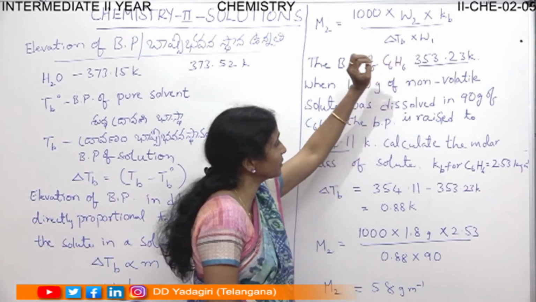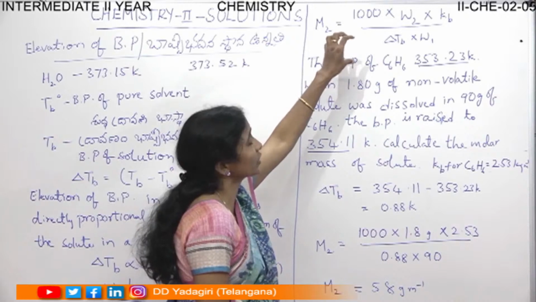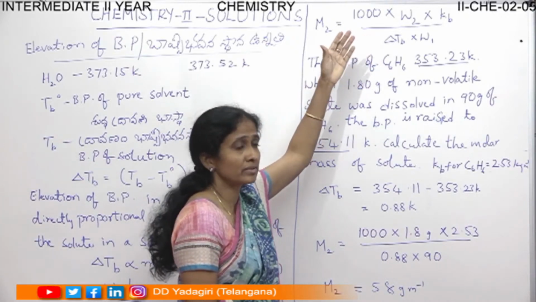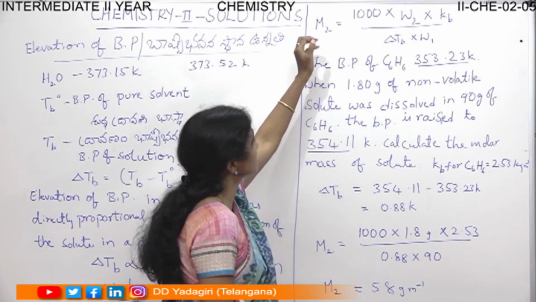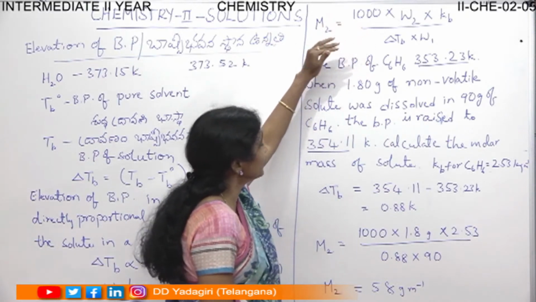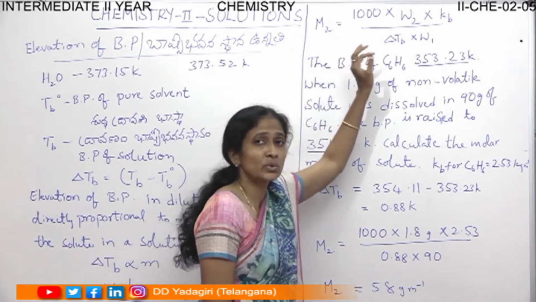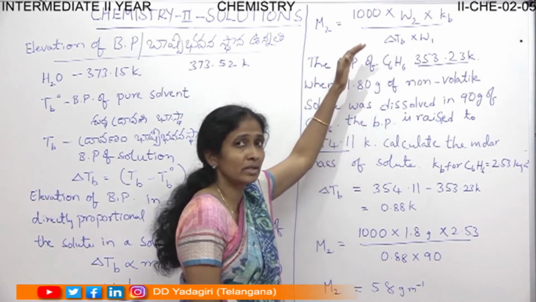What is this Kb? Kb is a constant. This is the formula we use to calculate the molar mass of solute.